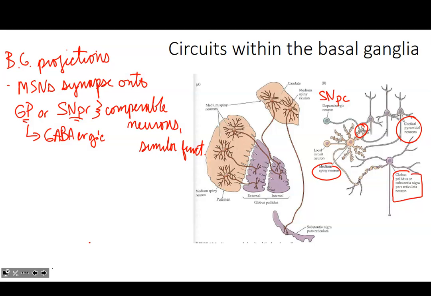Okay. Neurons leaving these areas, this is what gives rise to the ability of the basal ganglia to influence activity.